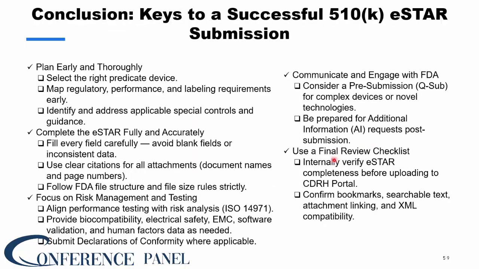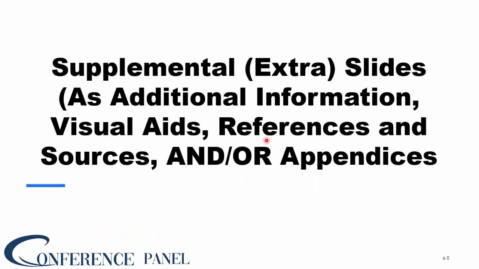So, conclusion. If you use this actionably, it can provide really good information. Be prepared for additional information requests, and then use a final review checklist internally and verify eSTAR completeness before uploading to the CDRH portal. So this concludes my presentation.